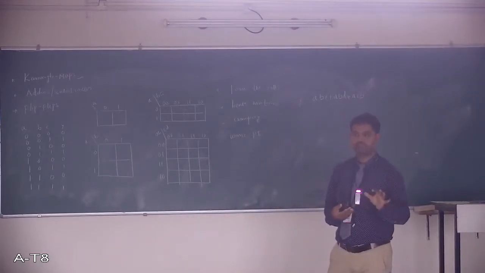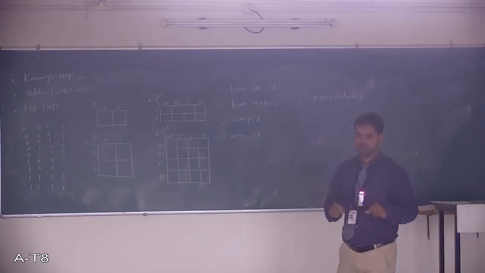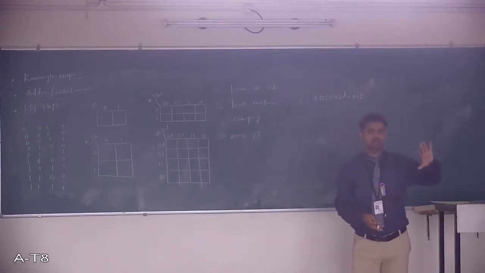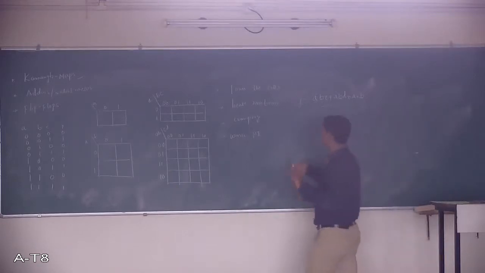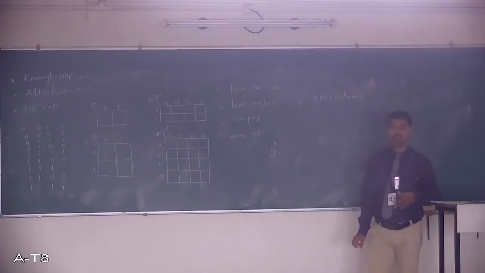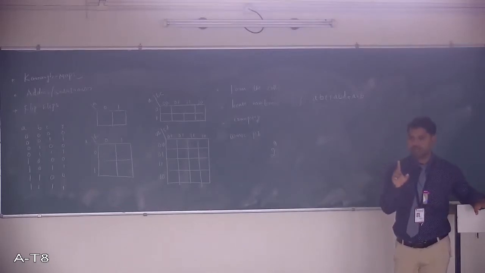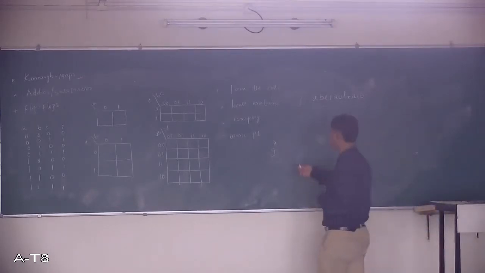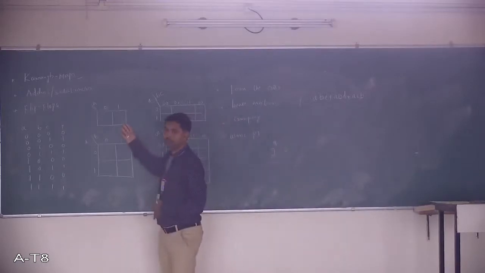To draw the K-map, finding the number of inputs is very important, because the number of K-map cells you are going to draw is directly related to the number of inputs, in the relation 2 to the power of n, where n is the number of inputs. If the system has only one input, it is 2 to the power of 1, so you draw only 2 cells, like this.